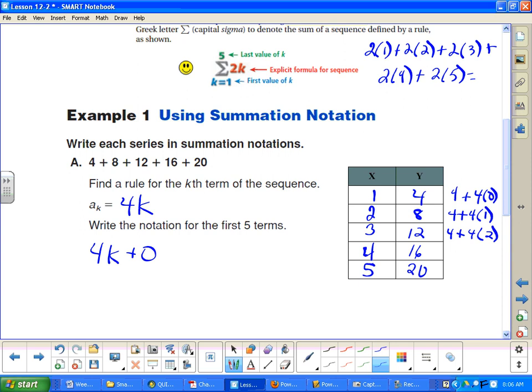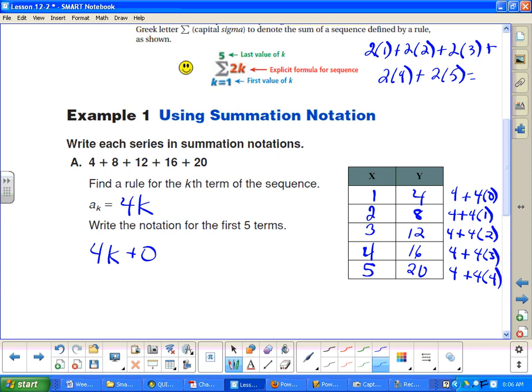Right? Our first number in our series is 4. And then to get from 4 to 8, I'm adding 4. To get from 8 to 12, I add 4 a second time. Get to 16, we add 4 a third time. And then add 4 a fourth time.